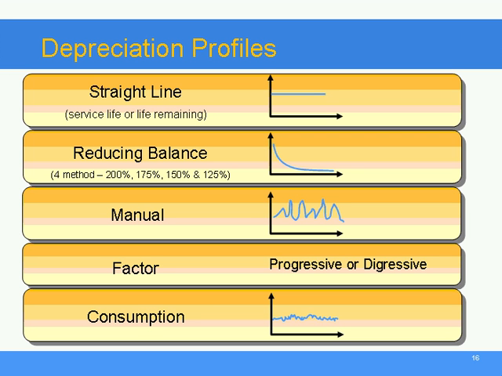Dynamics AX has those calculation methods: straight line, service life, life remaining, reducing balance, and additionally reducing balance 200, 175, 150, and 125, manual, factor, and consumption.